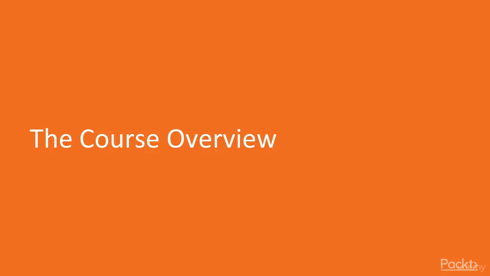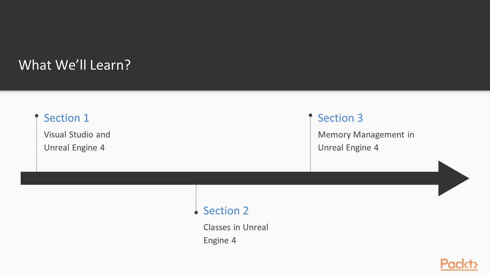So let's take a look at the course overview and see what we will be covering in this course. What we will learn is basically start out with an introduction on how you can program video games with the Unreal Engine 4, which is the signature game engine developed by Epic Games.